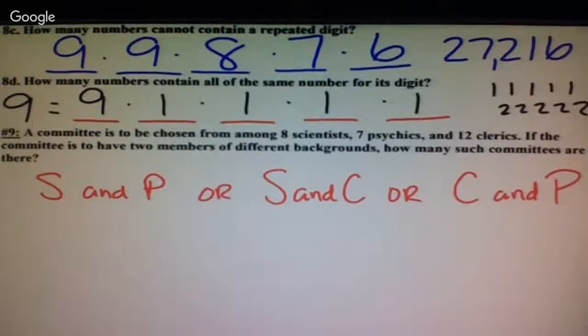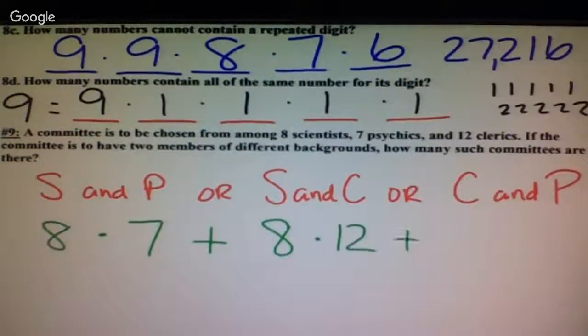So now we fill these in with mathematical numbers and operations. Scientists. 8 times 7 plus 8 times 12 plus 12 times... Stop.